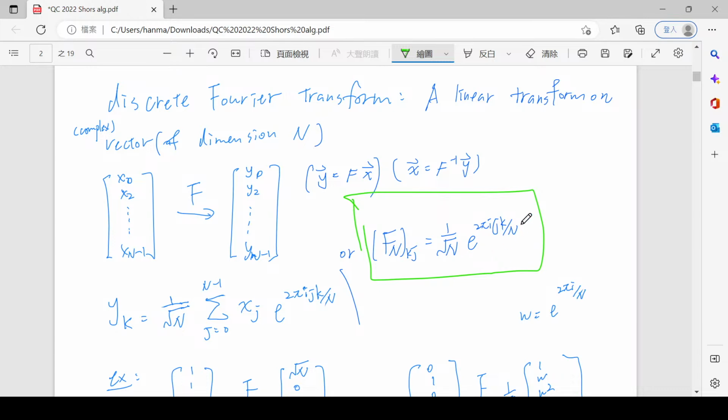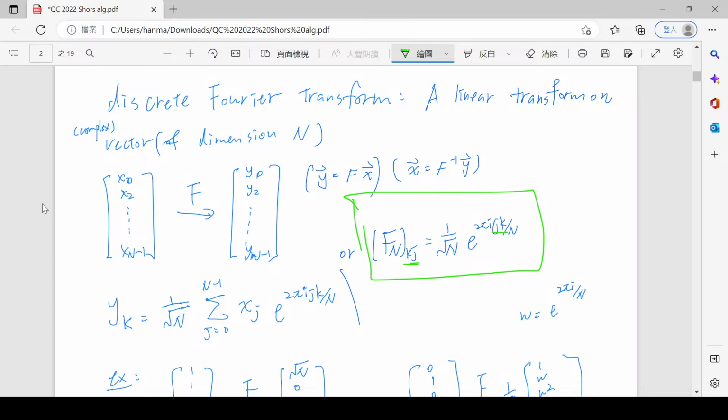So it's the complex nth root of 1 raised to the power j times k. And the jk here is the same as kj, because the order doesn't matter; it's a symmetric matrix.